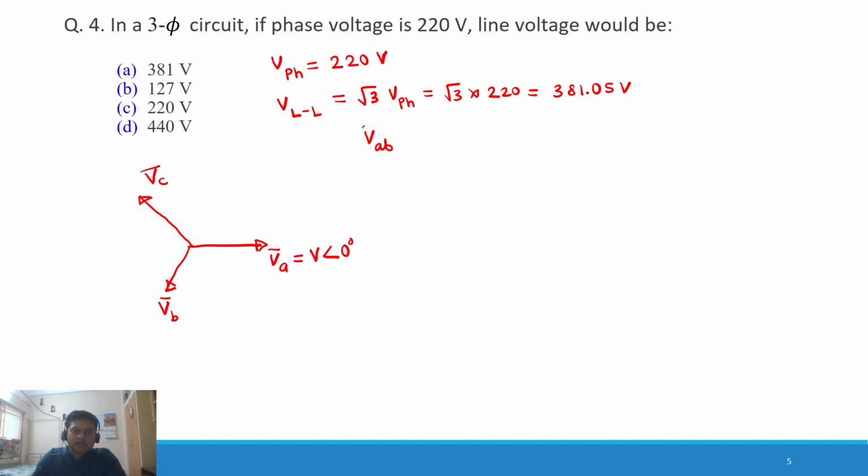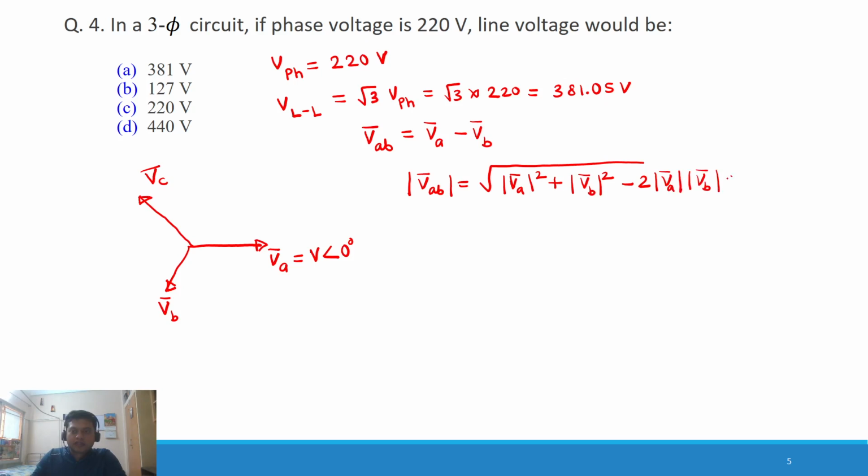If we take the phasor form, then VAB is VA minus VB. And if we want to calculate the magnitude of VAB, we can use the vector subtraction formula, which tells that it is VA square plus VB square minus 2 VA VB cos theta.